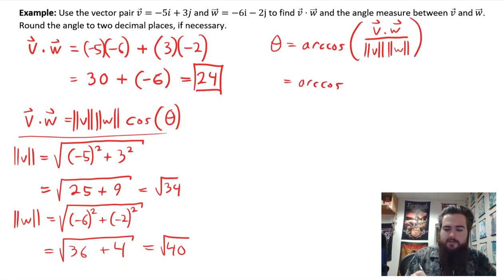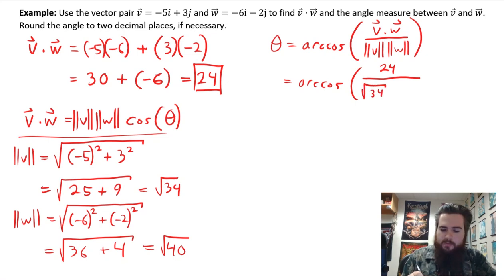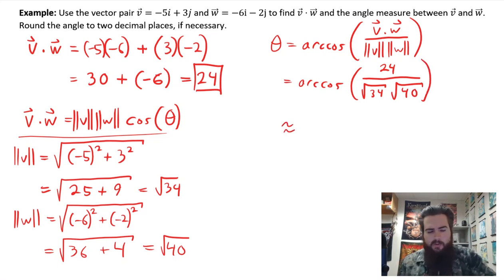So that means we have arc cosine of the dot product, which we found earlier was 24, divided by my two magnitudes, so square root of 34 times the square root of 40, which I will use a calculator to approximate.